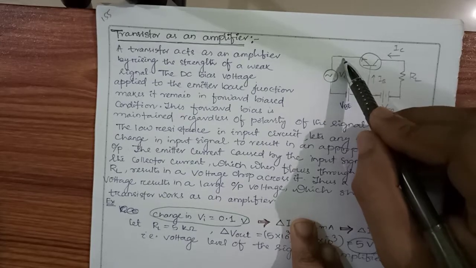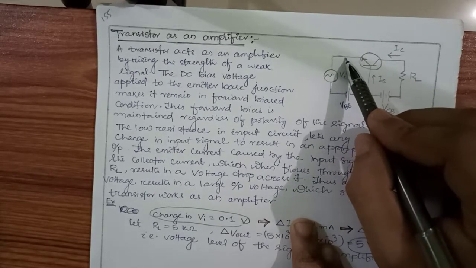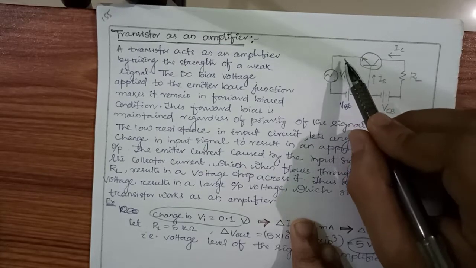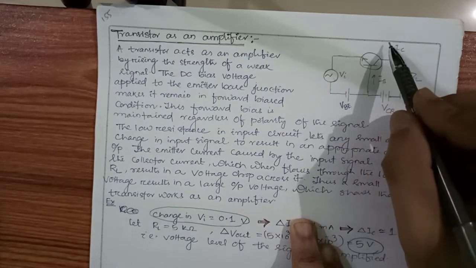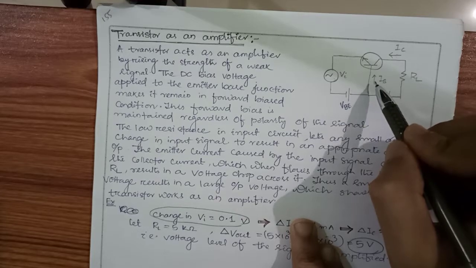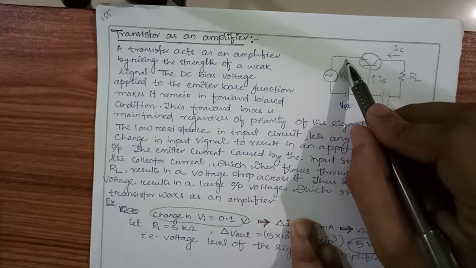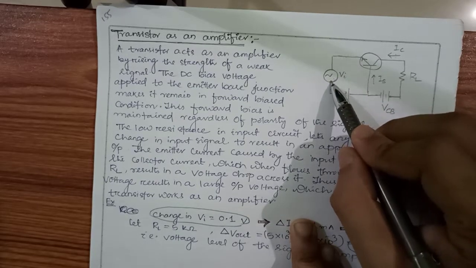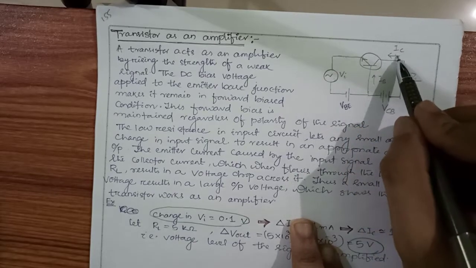We know our emitter current is nothing but the sum of two currents, IB and IC. As the emitter current changes, that change is because of the collector current, because IE is approximately equal to IC, since the IB value is very small. Most of the time we neglect IB and take IC equal to IE. So a change in Vi will cause a change in IE, and this change in IE will be because of IC.